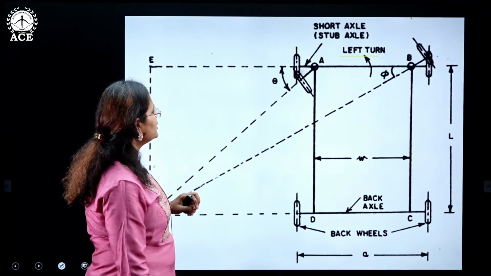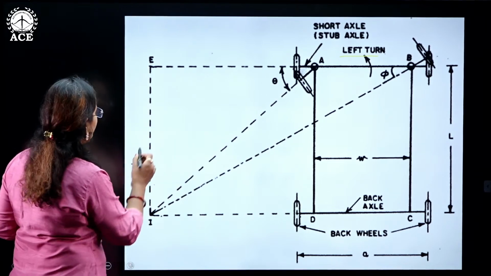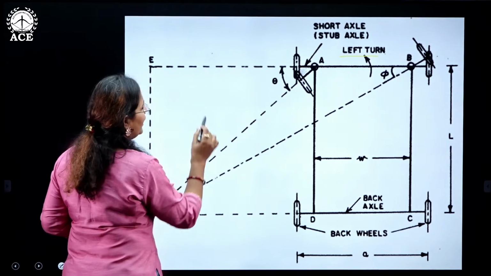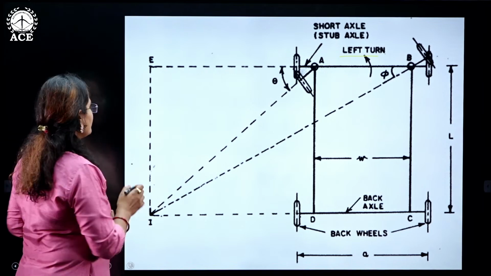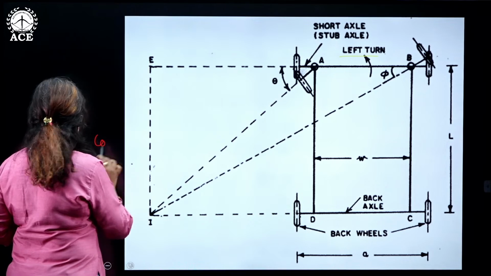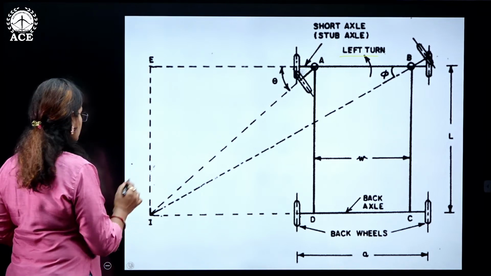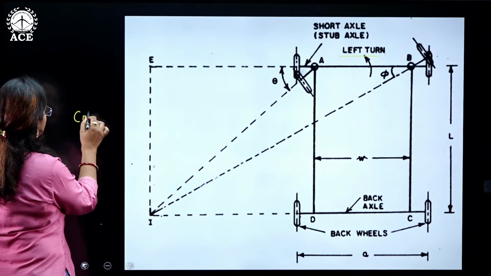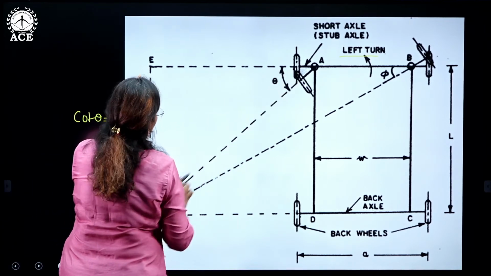So here we have seen the condition as, let's say, we have taken these two triangles EIO, EAI and EBI, where we have taken cot theta and cot phi. So cot theta is equal to, this particular triangle I am taking.